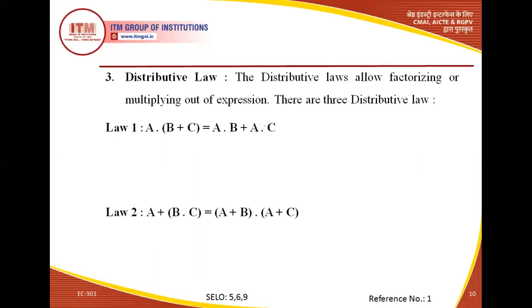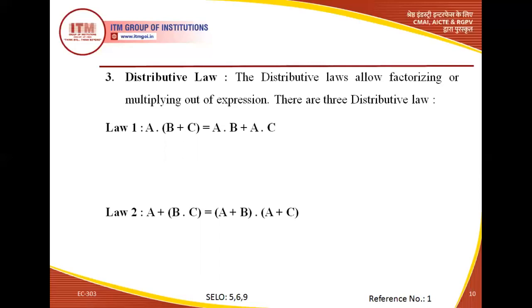There are three types of distributive law, in which we study two here, and the third we see with the absorption law. Fundamentally, in many of the books they refer to two types, and the third one is associated with the absorption law. So that third law we will see with the absorption law.